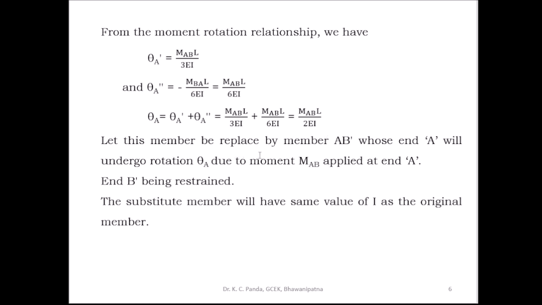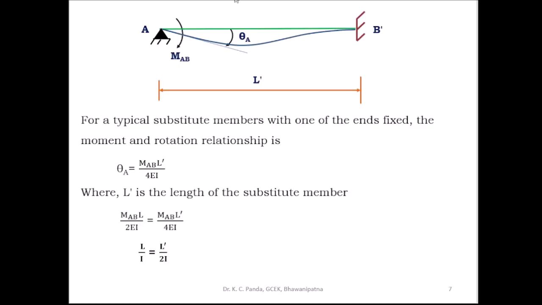Let this member be replaced by the member AB dash, whose end A will undergo rotation theta A due to moment MAB applied at end A, with end B being restrained. The substitute member will have the same value of I as the original member. Look at this figure.